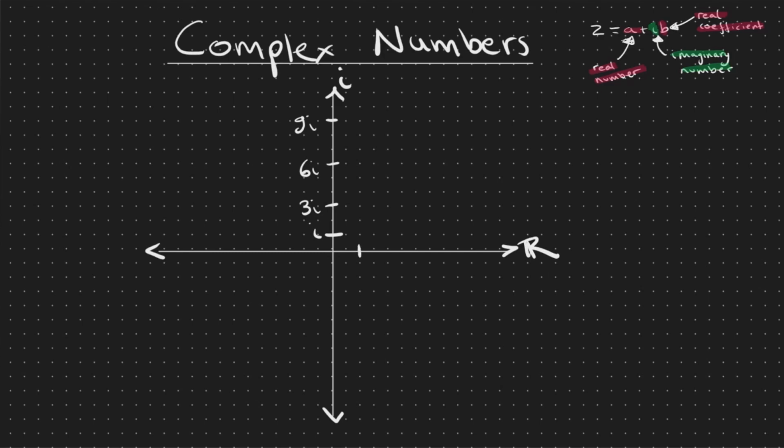So here I'll just say 2, 4, 6. So for example, the complex number 3 plus 2i. We could plot it as, if we find 3 on the real axis, right, 3 across, put a little dot, and then 2 up. Boom. So we could plot the complex number 3 plus 2i right here.